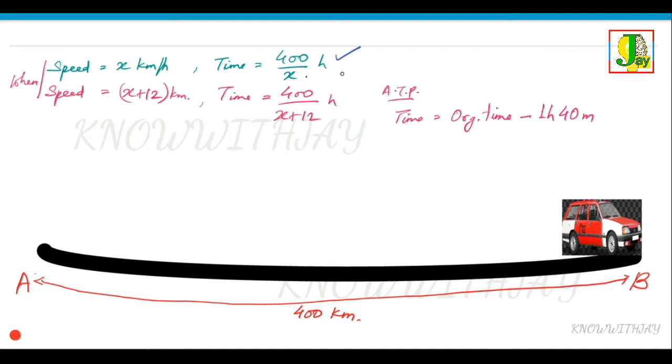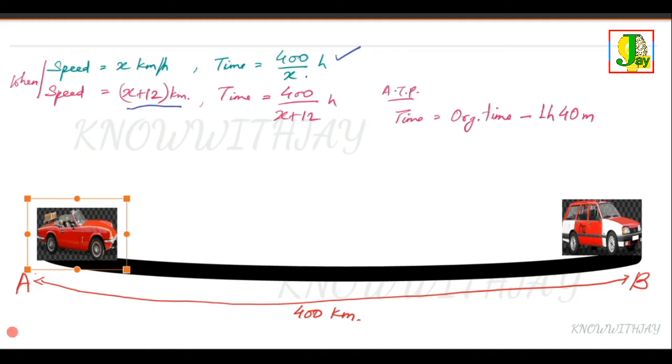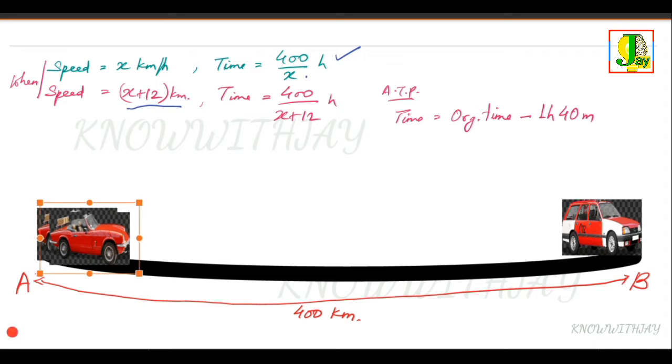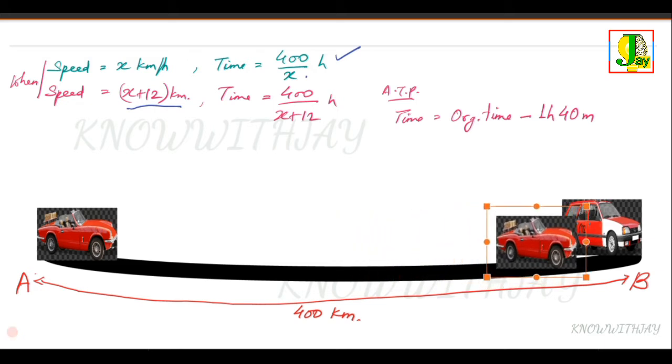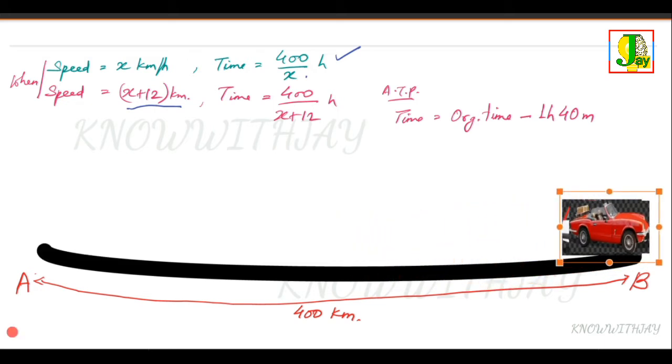Now let us consider an example where the speed goes up by 12 km per hour. I understand that this car doesn't look like the previous one, but just to keep the context, I tried a different car here with a speed more than the previous one, and it travels with x plus 12 km per hour to cover the same distance. Then the time taken by the car will be 400 by x plus 12.